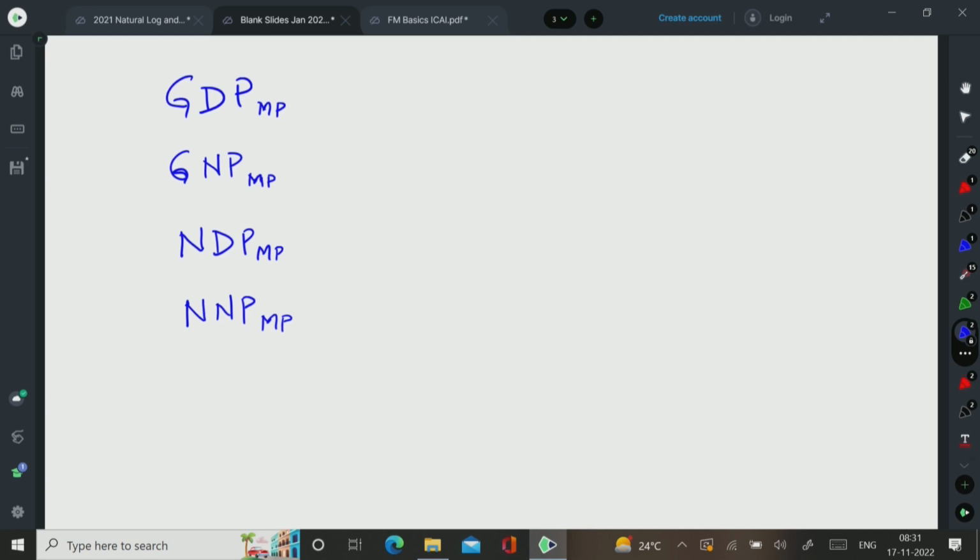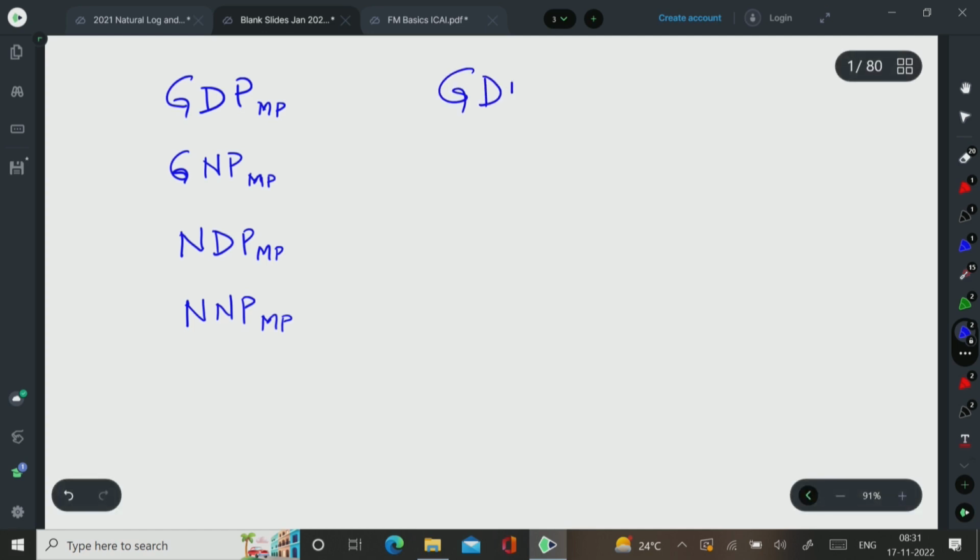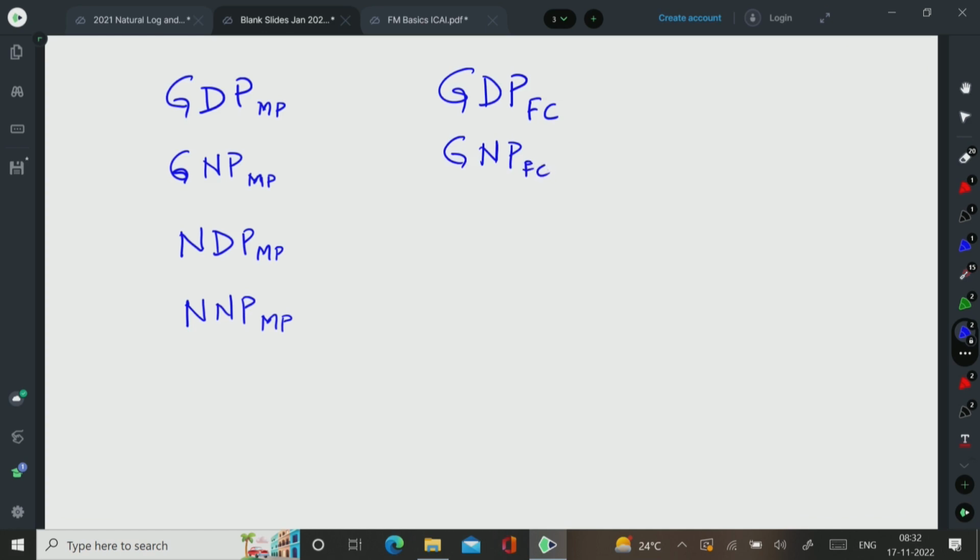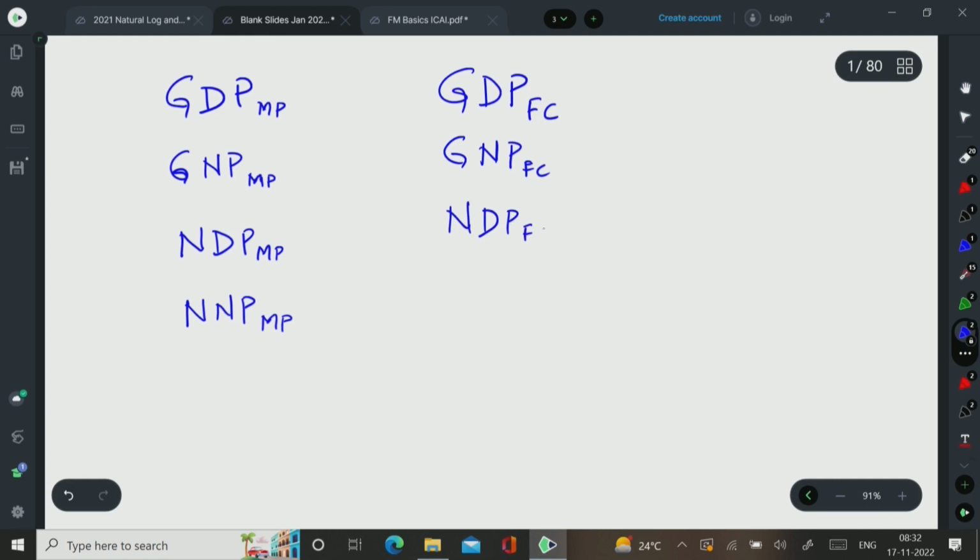We have 4 more components in the same order, but where the base changes to factor cost. So it will be GDP at factor cost, GDP FC, that is gross domestic product at factor cost. Then we have GNP FC, that is gross national product at factor cost. Then we have NDP FC, that is net domestic product at factor cost.